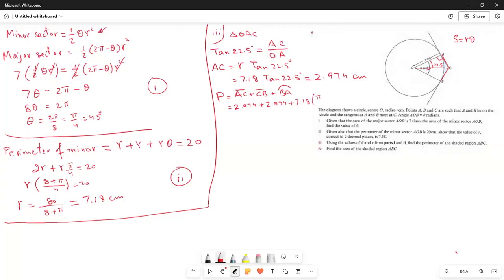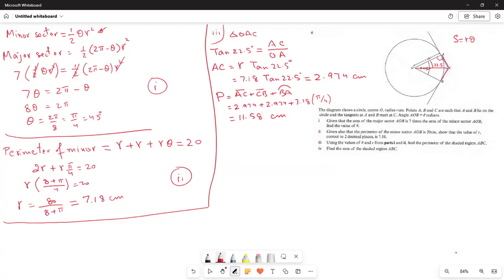So pi by 4. And if we do all this calculation, perimeter comes out to be 11.58 centimeter. Let me confirm it again right now.